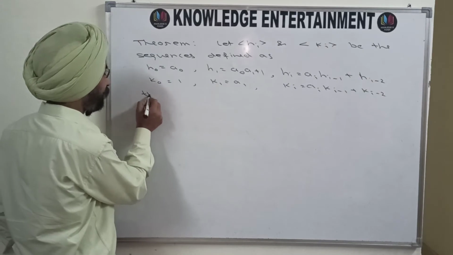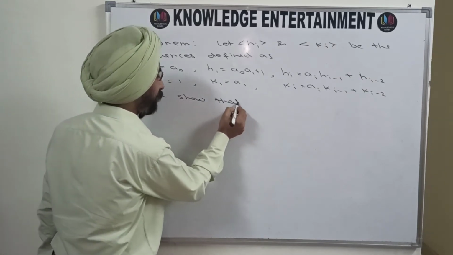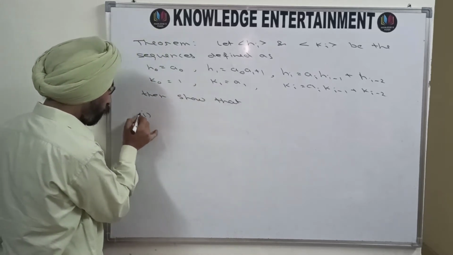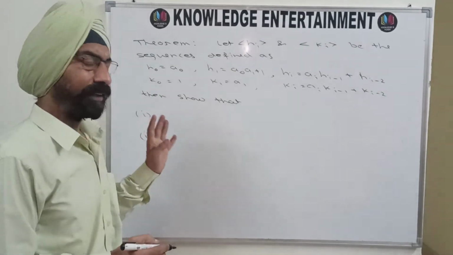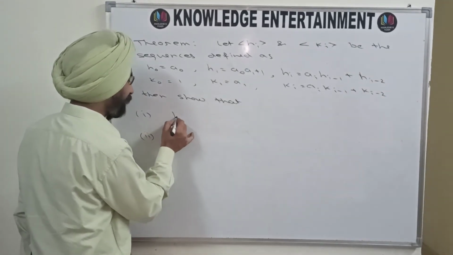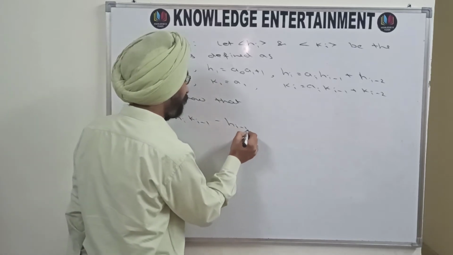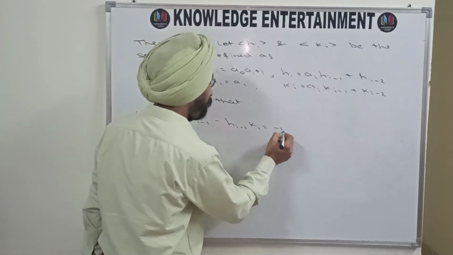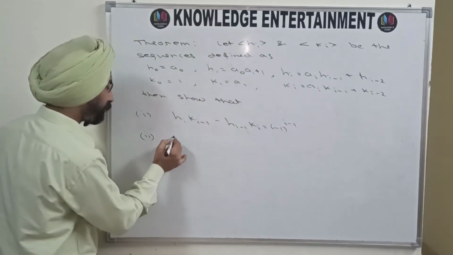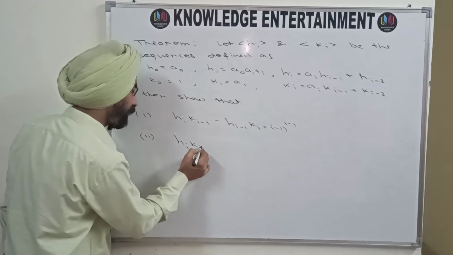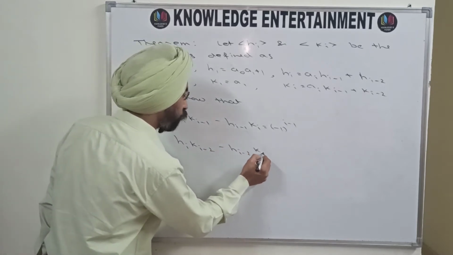Then show that, two important results I'm going to prove here. The first one says that hi ki minus 1 minus hi minus 1 ki is minus 1 raised to the power i minus 1, and hi ki minus 2 minus hi minus 2 ki.